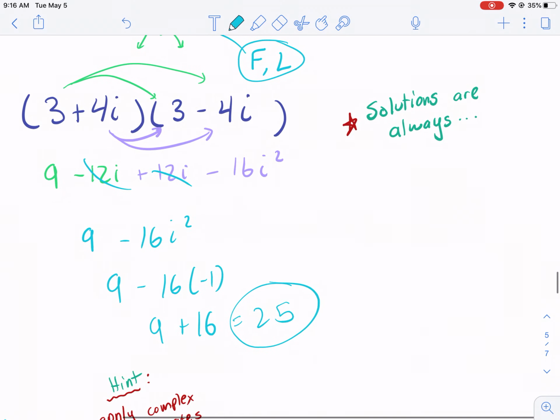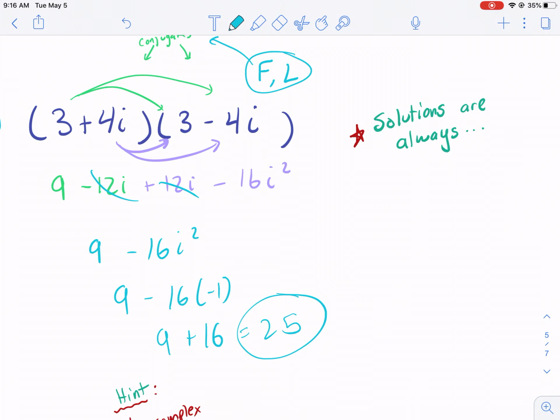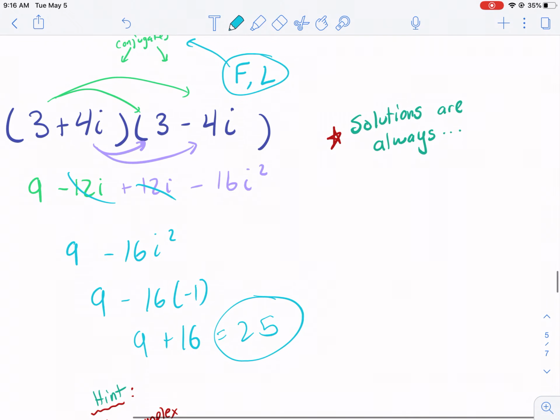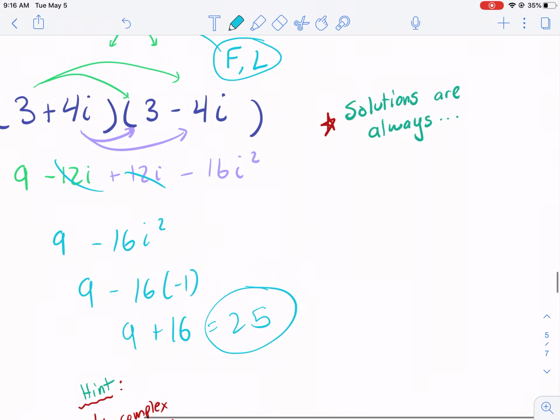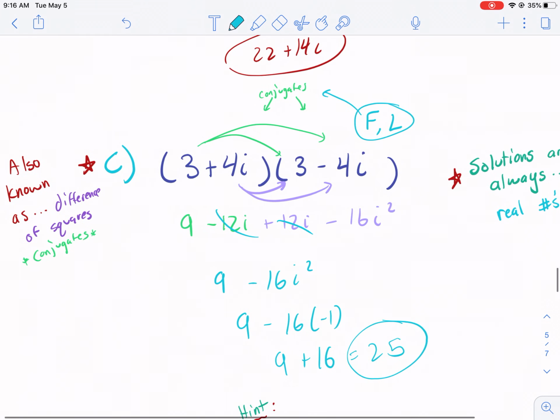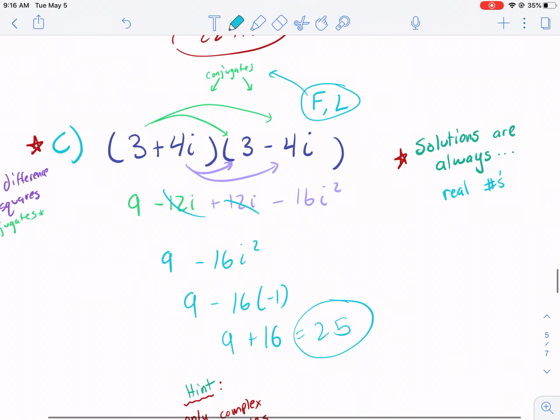Now, what do you notice here? Well, it went from two complex binomials to a real number. So solutions are always real numbers anytime you have these difference of squares or conjugates with complex numbers. Now, what makes these conjugates, for those that maybe were lost when I explained that part?